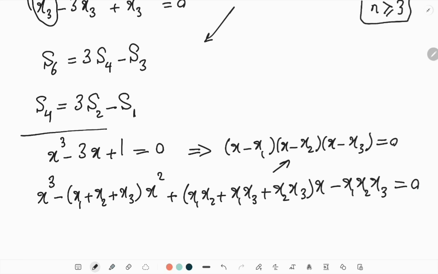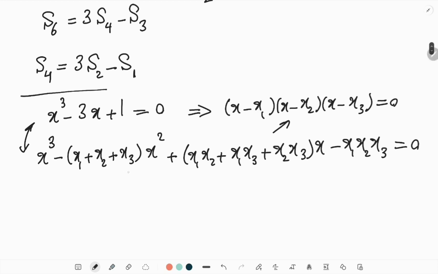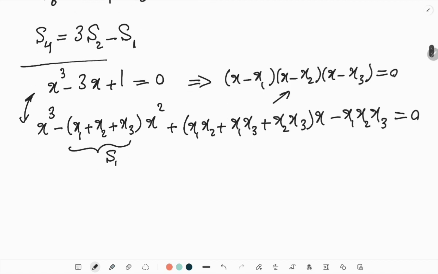And if I consider these two as equal equations, then the conclusion I get, by the way, this is nothing but S1, right? Because n is 1. The conclusion is that basically the coefficients must be the same. So as a result, we have minus S1 should be equal to 0, because x^2 does not exist in the equation, so the coefficient is 0.